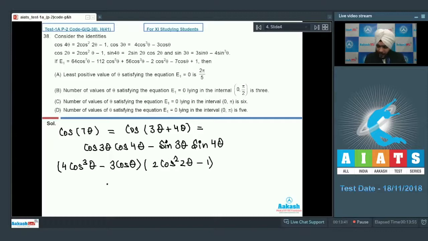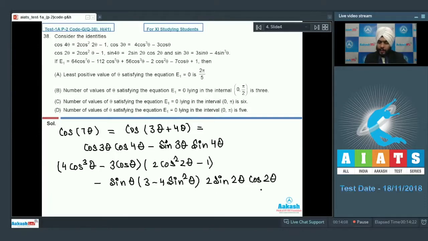What about sin 3 theta and sin 4 theta? Sin 3 theta is sin theta into 3 minus 4 sin square theta. So sin square theta can be directly converted into cos square theta. Sin 4 theta is 2 sin 2 theta cos 2 theta. Now sin 2 theta will be further written as 2 sin theta cos theta.